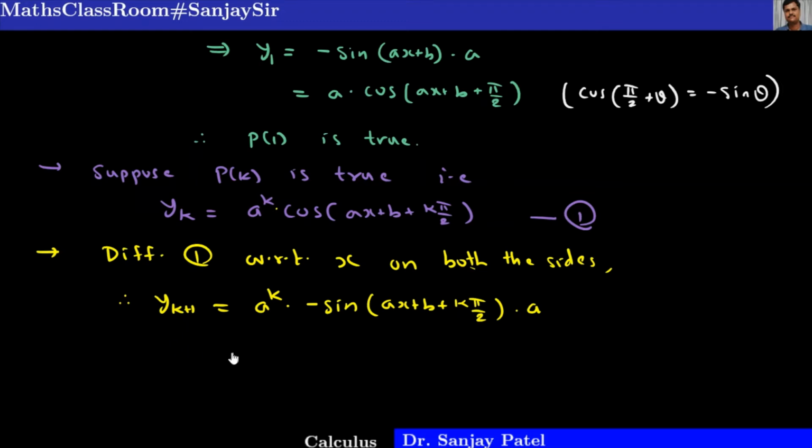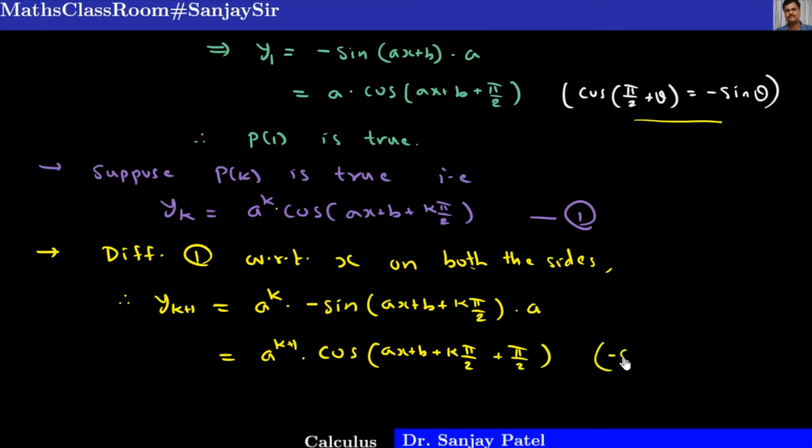And this we can rewrite as a raised to k plus 1 into, and minus sine theta as here we can write minus sine theta as cos of pi by 2 plus theta. So these I can replace by this thing, cos of ax plus b plus k into pi by 2 plus pi by 2.